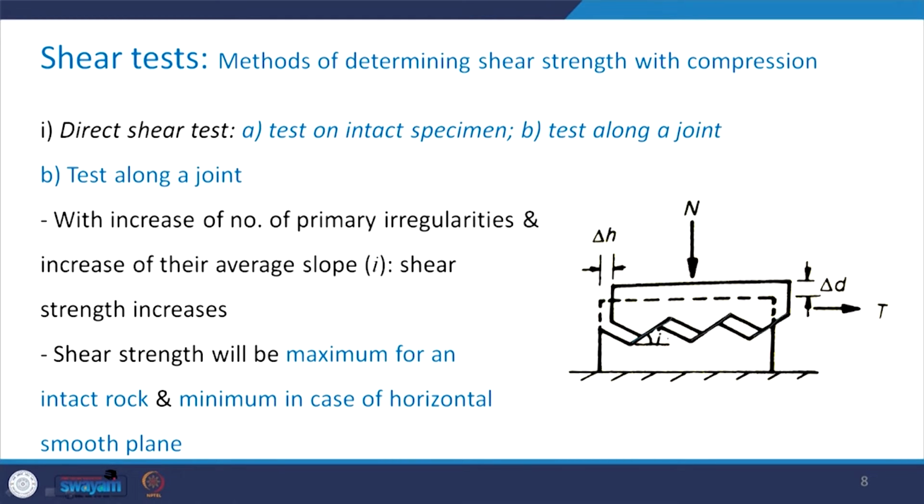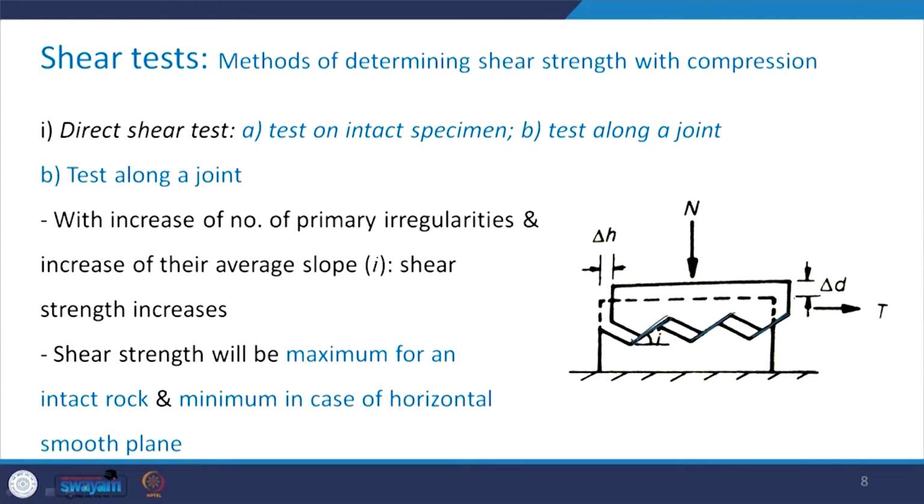Regarding average slope, in this particular figure you see that all these are parallel to each other, but it may not be the case in the field. You may have irregular teeth. So, in that case, the inclination of each of these surfaces will not be the same, so we need to find out the average slope.